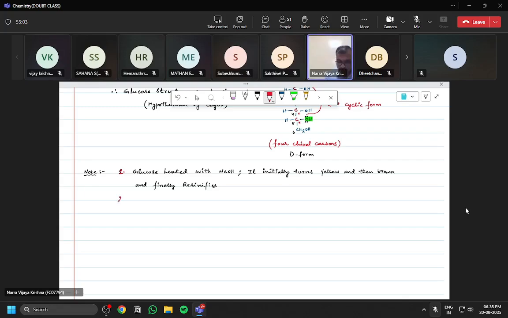Now, the second reaction. This is about the cyclic structure of glucose. So, prediction of the cyclic structure of glucose. How did they predict this cyclic structure?